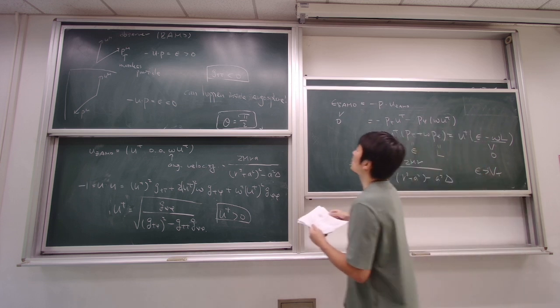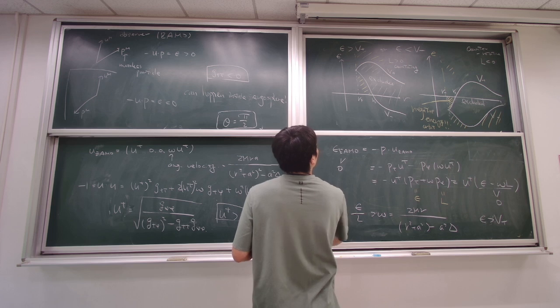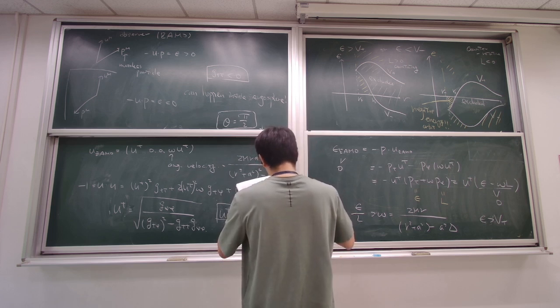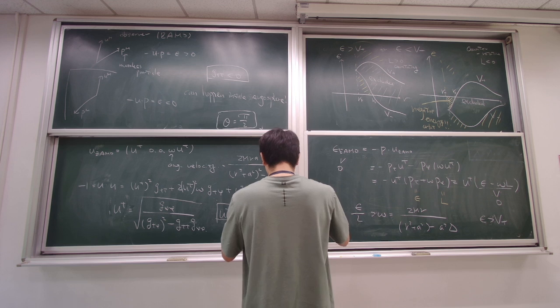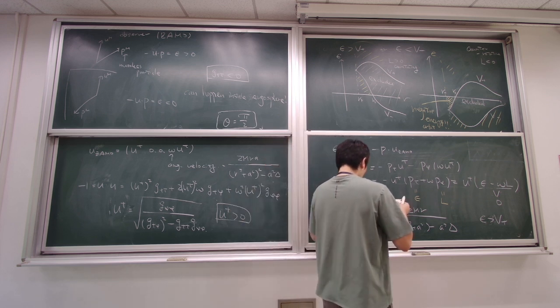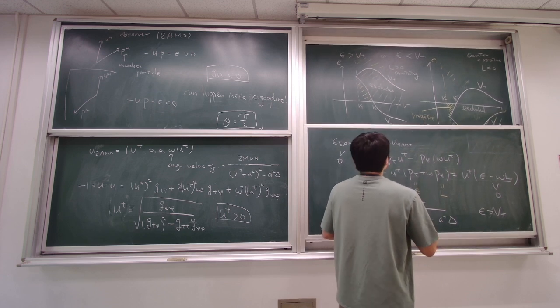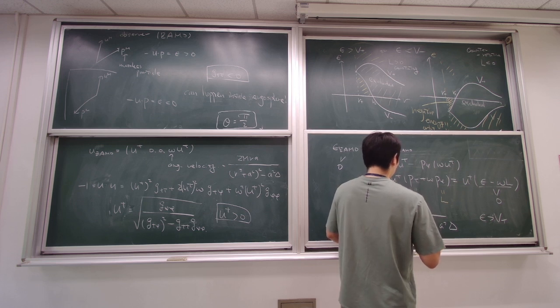So b plus, did I erase b plus? Unfortunately, I erased. So if you recall the expression b plus and minus, and plug it into here. Maybe I should write it down, unfortunately I erased.